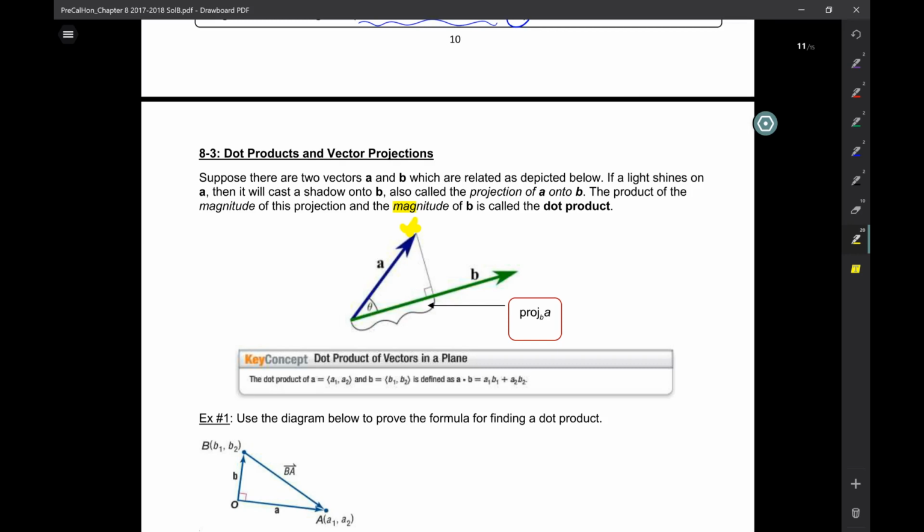Just like if I were to shine a flashlight here, the table is going to cast a shadow on the floor. Now, if it's perpendicular, there's going to be a certain length to that shadow.